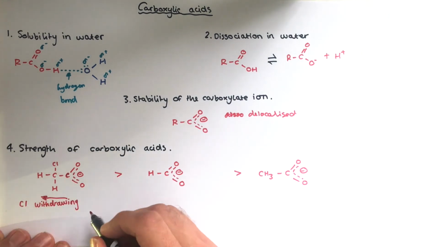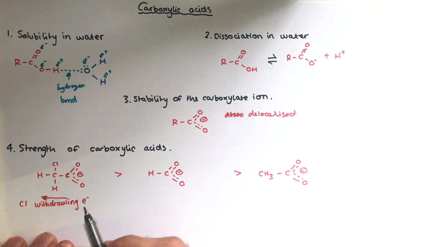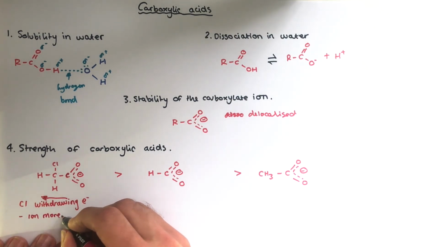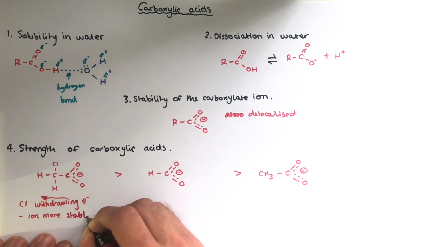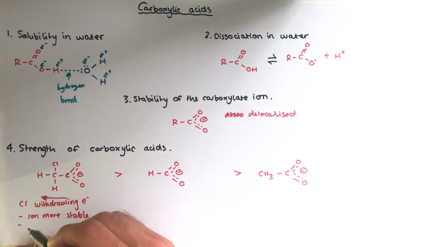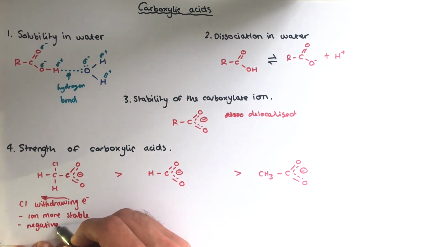So the chlorine is withdrawing electrons away. The effect that that's having is making the ion more stable, and that is because the negative charge here is less. So the negative charge is smaller.